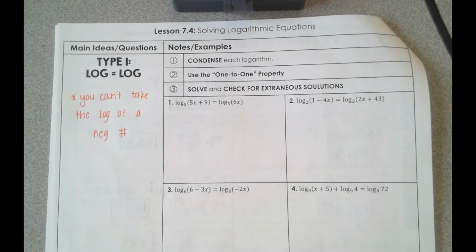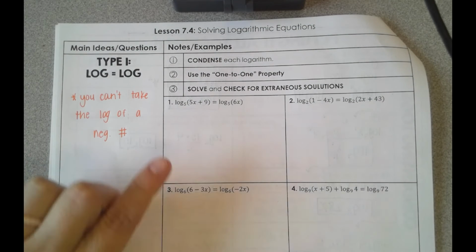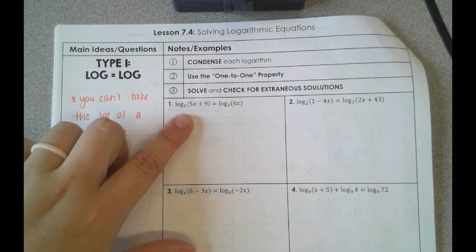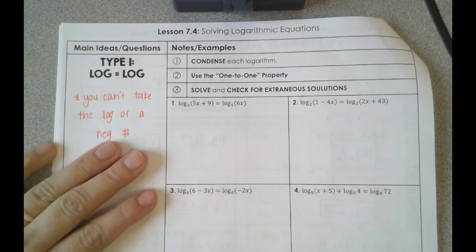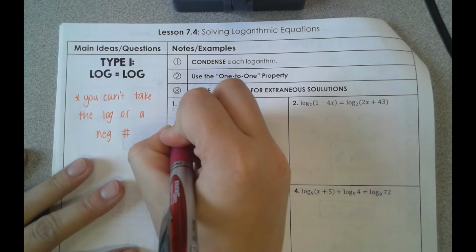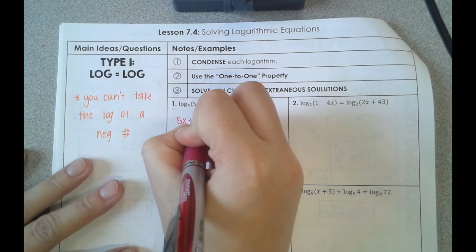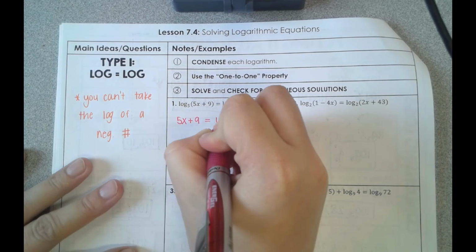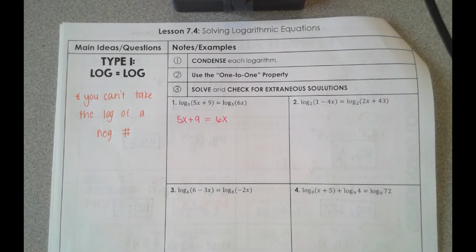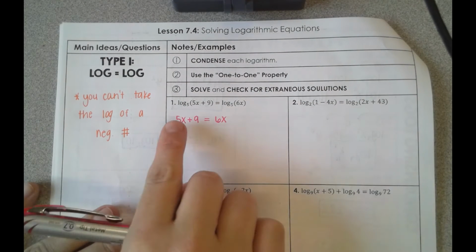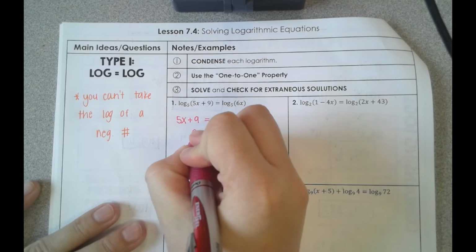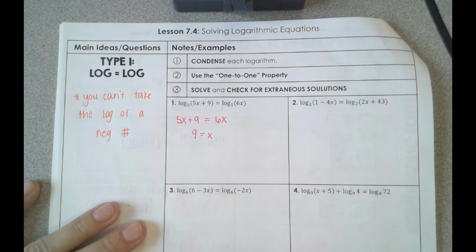Okay. So, number one, there's nothing to condense. There's only one log on each side. So we take 5x plus 9, set that equal to 6x. And we solve. So if we subtract 5x from both sides, we get 9 equals x.